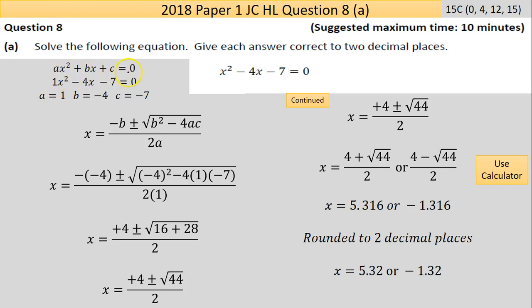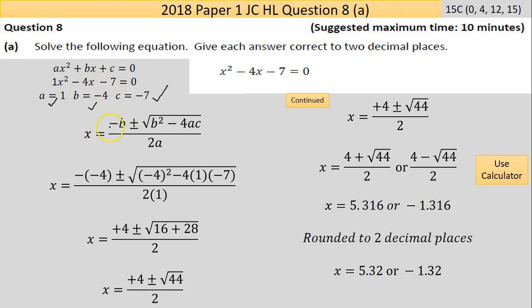I've written out the general form of a quadratic, and beneath that the quadratic we're being asked to solve, and I use that to identify the a, b, and c values for the formula. The a is the value in front of the x squared, which is 1 in this case. The b is the number in front of the x, which is minus 4. And the c value is the number at the end, including the sign.